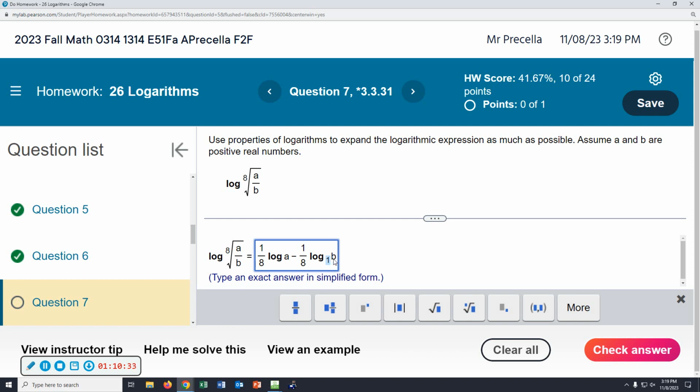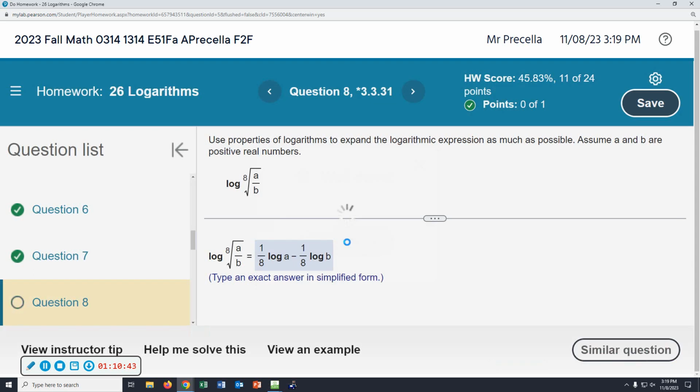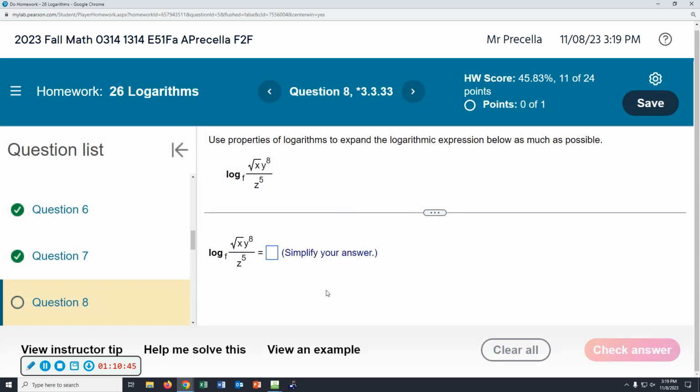Okay, keep going. Okay, log base F. There's one thing we have to do before we start drawing our red dots.